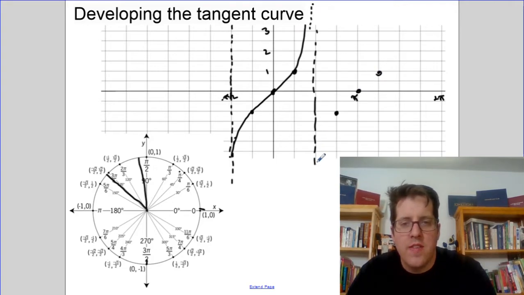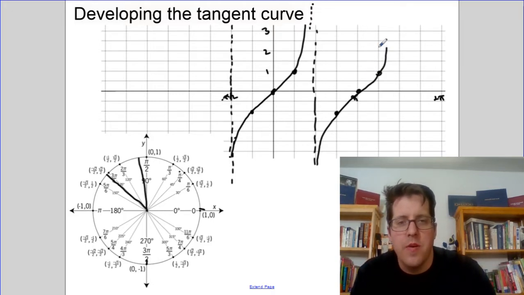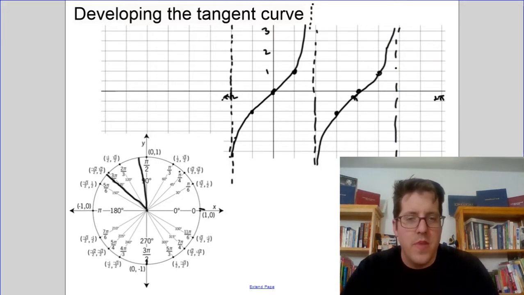So unlike the sine and the cosine, which have a period of 2 pi, this graph has a period of pi. And that would look like this. Whoa! Pause the video to draw it, right, Troy? Okay, so that is what 2 periods of our graph would look like.